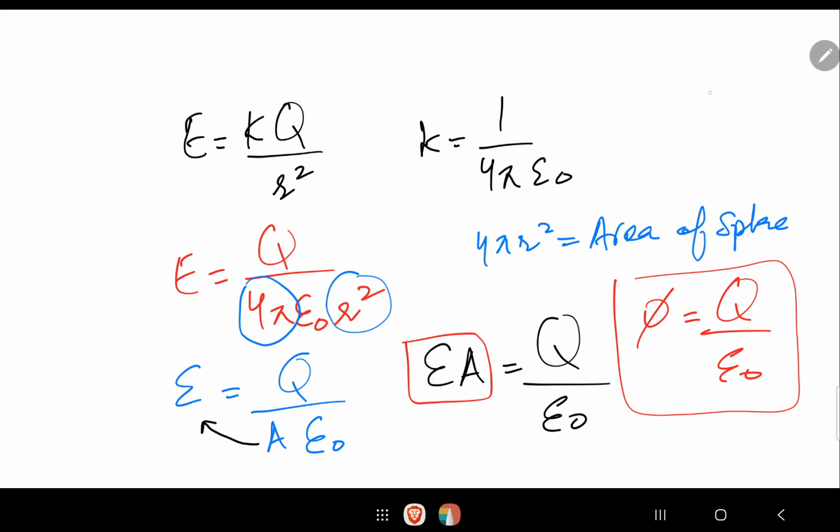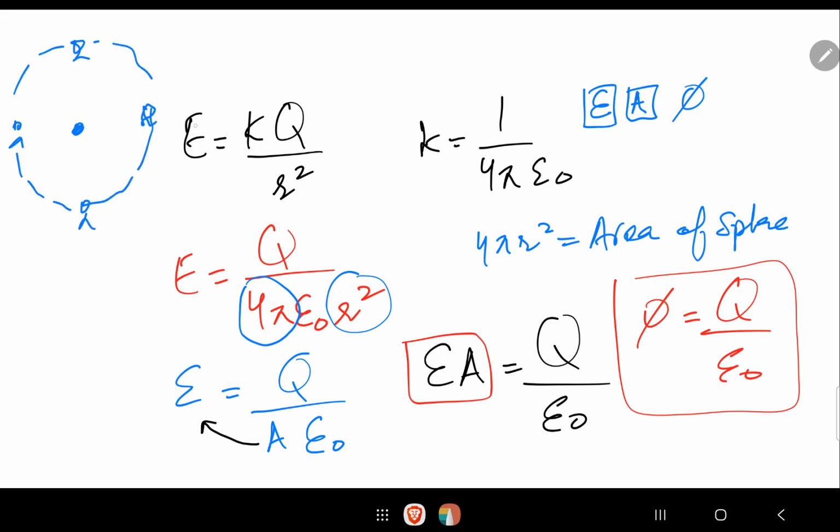Okay. When Gauss did this, he didn't have any of this. He had to prove this formula as well. So what Gauss did, he said, my electric field is constant, my A is constant, so my electric flux is constant. Let's say this is a charge, this is the imaginary sphere, and I'm standing here, and I have E1 here, E1 here, E1 here.